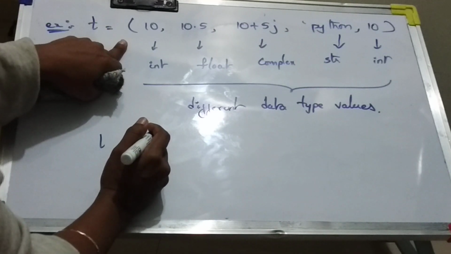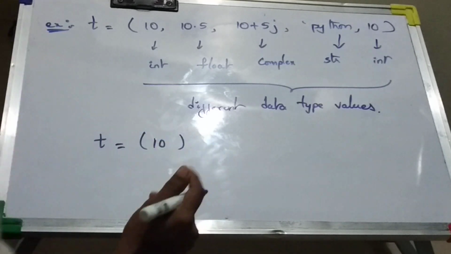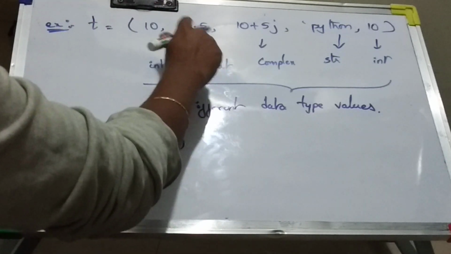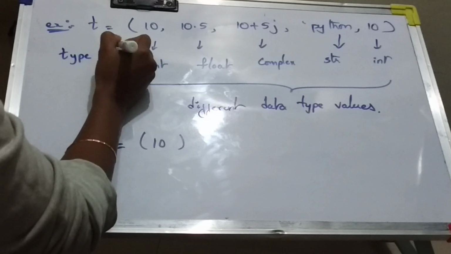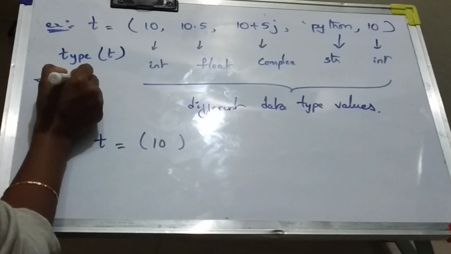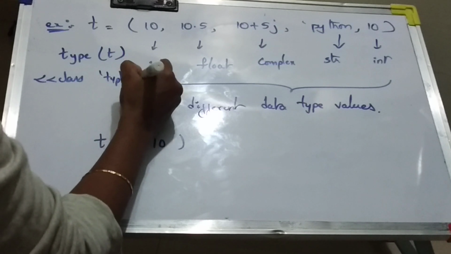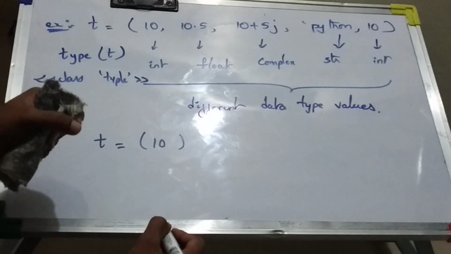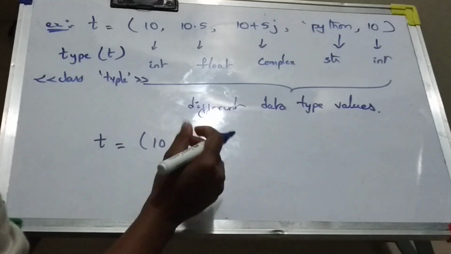This is not mandatory. Now, T is equal to 10. This is a single value. If we check type of T, we will not get tuple. If you take a single object, it is treated as int type.